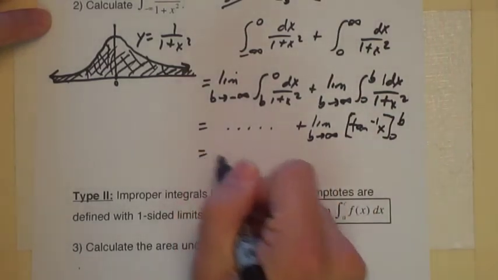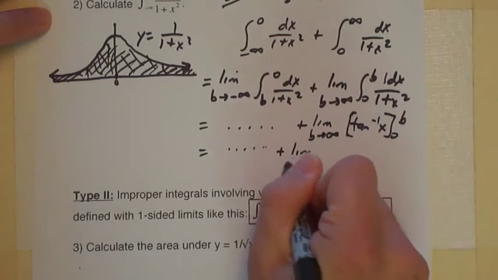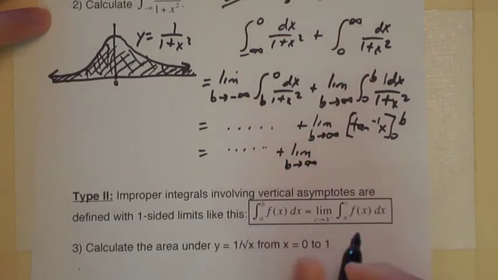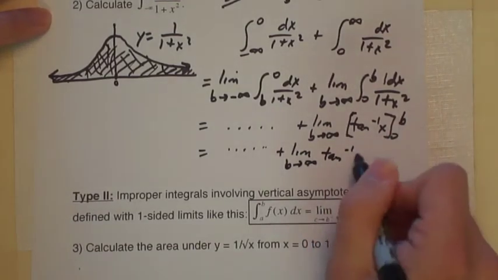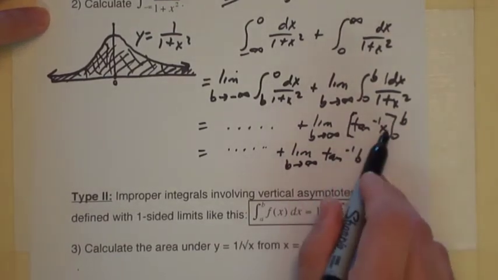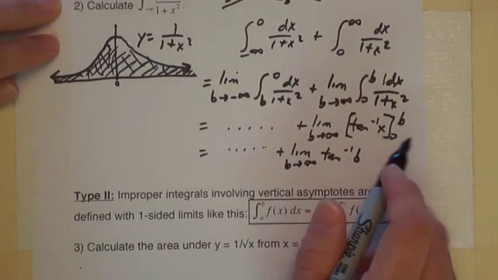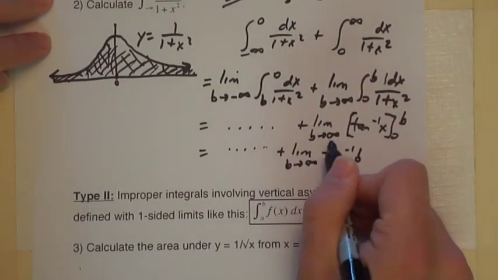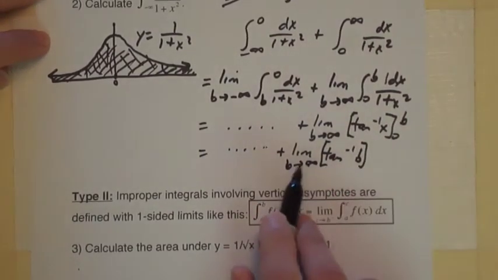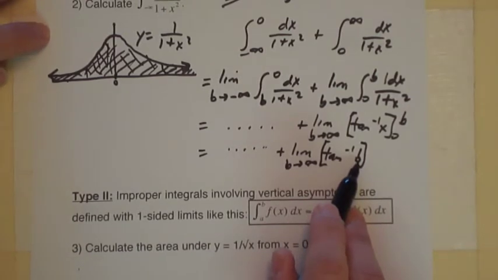So we get the limit as b goes to infinity of tan inverse b minus inverse tangent of 0. Well, the inverse tangent of 0 is 0. So then we have to think about what the first term is. The inverse tangent of infinity is asking what angle would give you a tangent that is very large, near infinity.